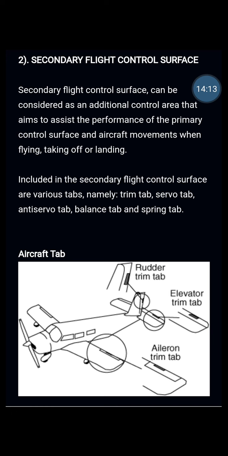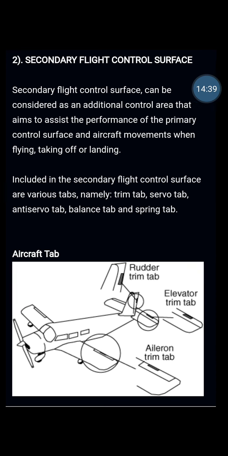Included in the secondary flight control surfaces are various tabs, namely trim tab, servo tab, anti-servo tab, balance tab, and spring tab. Aircraft tab, and this is the picture: rudder trim tab, elevator trim tab, aileron trim tab.